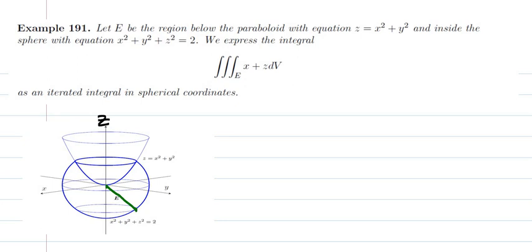But if you pick a different phi and theta and you draw another ray, then you see it starts there and it ends there. Remember, you only want the points below the paraboloid. So you see that the ending values are always on the sphere, but the starting values differ. It depends on whether you are above the xy plane or below the xy plane. So let's have a look at the region.